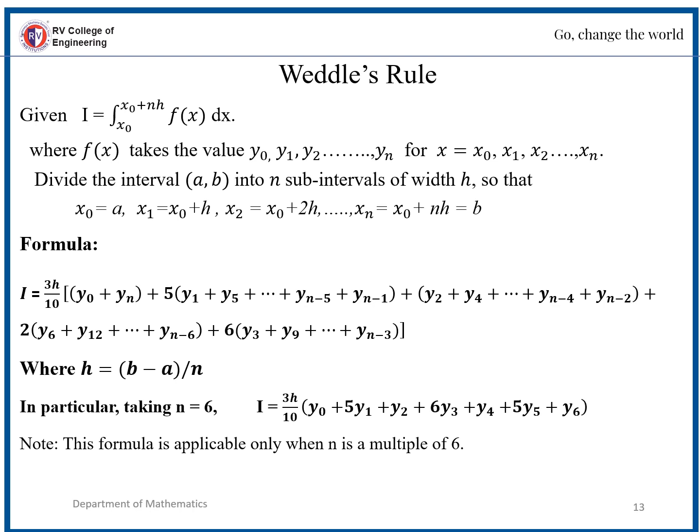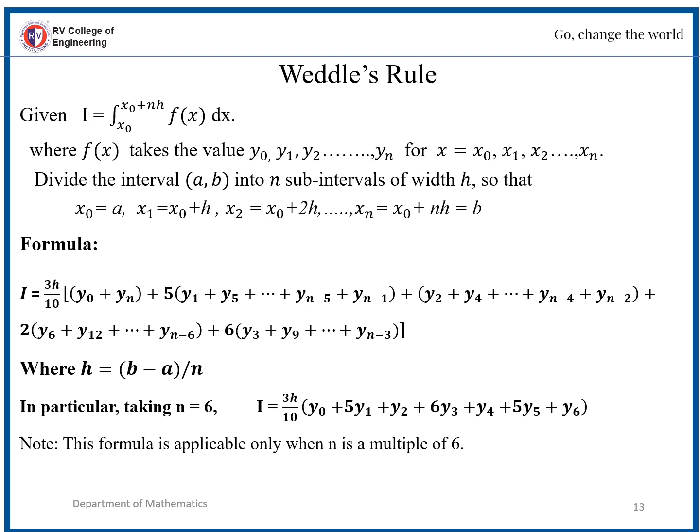You see the coefficients of each term there. The first coefficient is 1, the second coefficient is 5, again the third coefficient is 1, the fourth coefficient is 6, then again the next coefficient is 1, the fifth coefficient is 5, the last coefficient is 1. It is following one single pattern there, that is 1, 5, 1, 6, 1, 5, 1. So when the number of subintervals is equal to 6, the formula is as listed here.